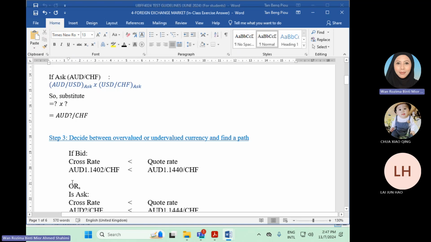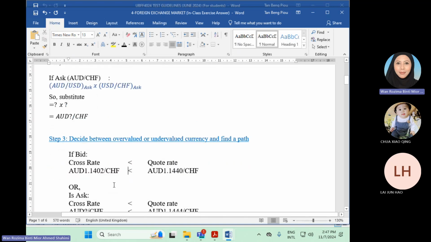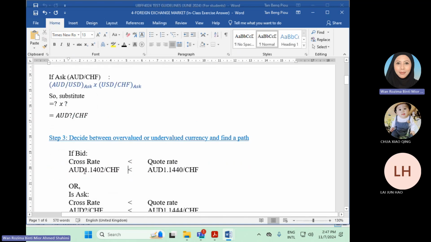So I don't use ask, I just ignore ask for now. But if you want to compare based on ask, go ahead. I just focus on bid only. So based on this, as you can see, 1.1402 against Swiss franc. This means to say which one is overvalued, which one is undervalued, class.